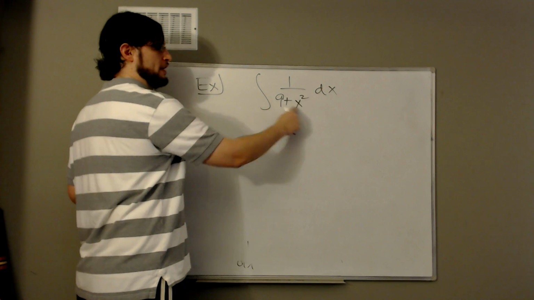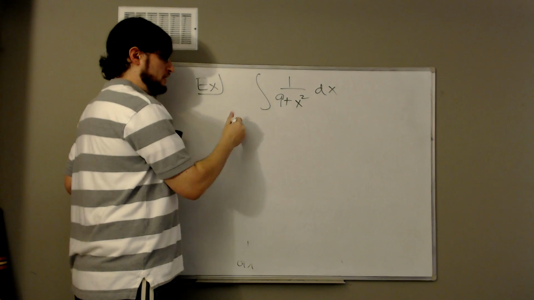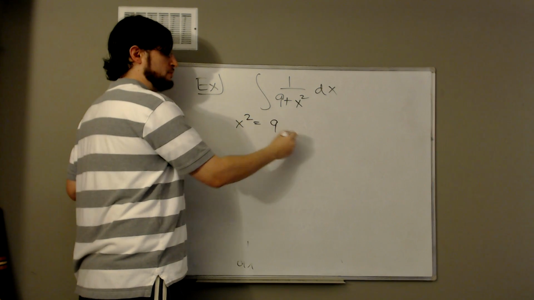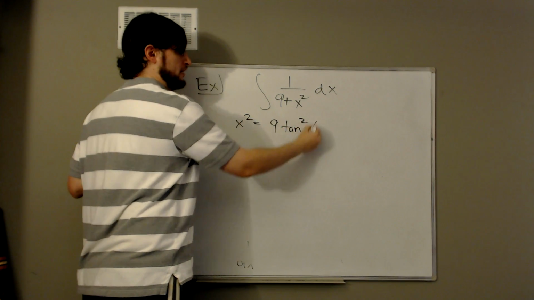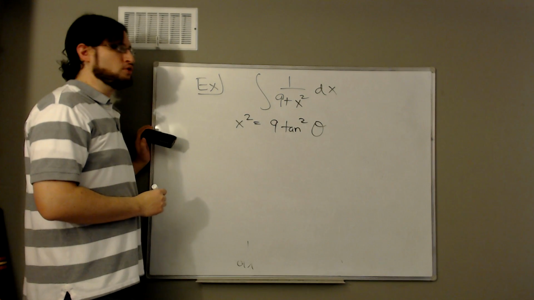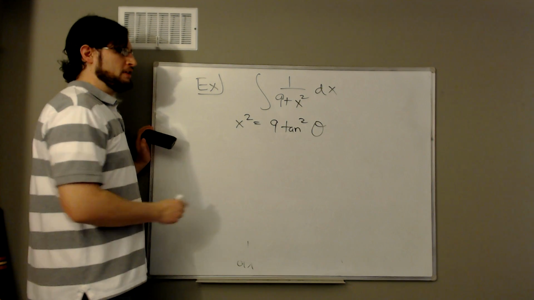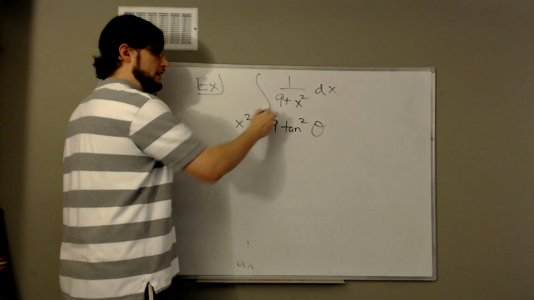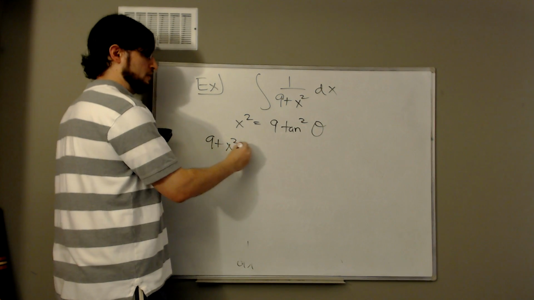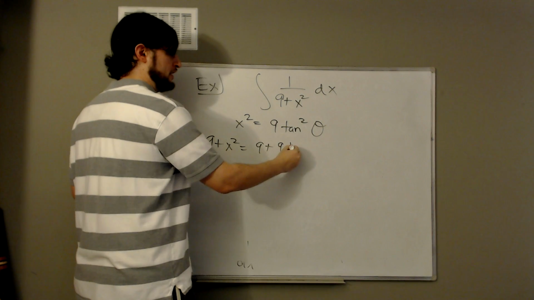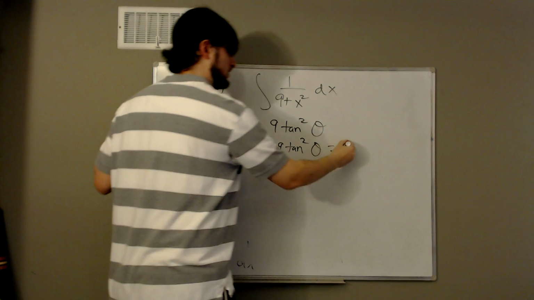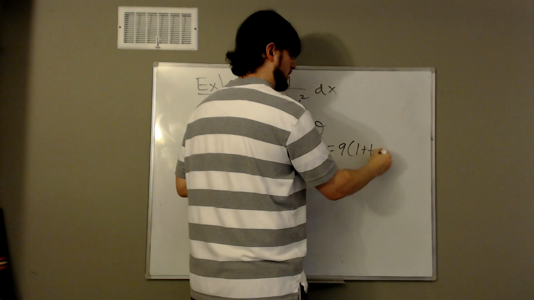I want x squared to be 9 tan squared of something, our new variable theta. Because if that's true, then 9 plus x squared is 9 plus 9 tan squared theta, which is 9 times 1 plus tan squared theta.